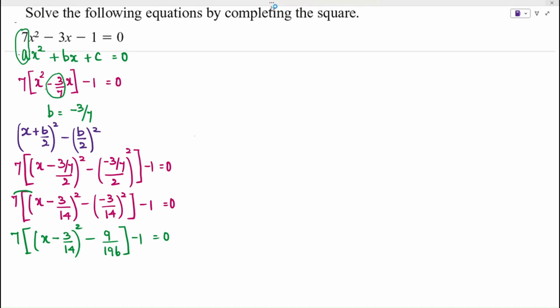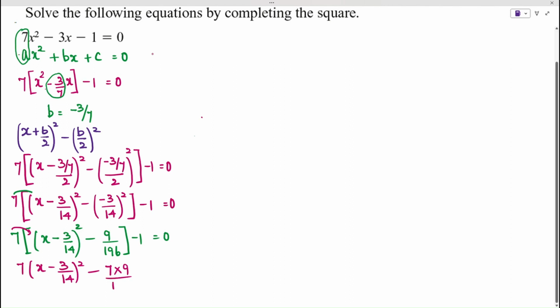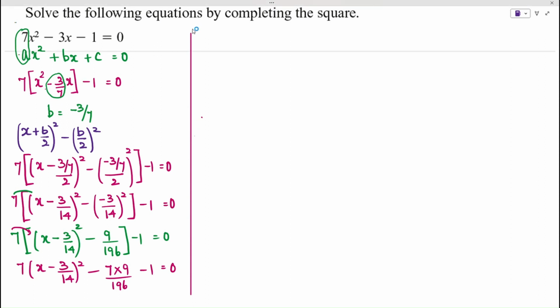Now we can multiply 7 into our brackets. And for this we get 7 times (x minus 3 over 14) the whole squared, minus 7 times 9 over 196, minus 1 is equal to 0. And so now we can simplify our fraction.